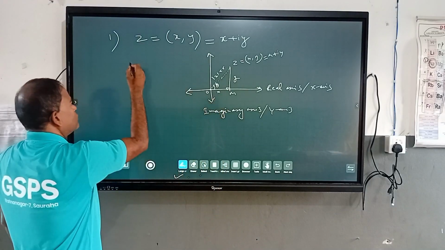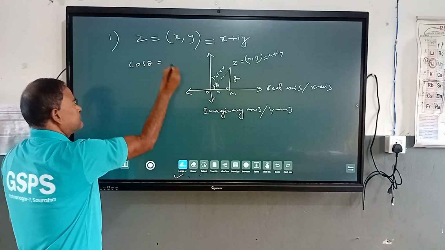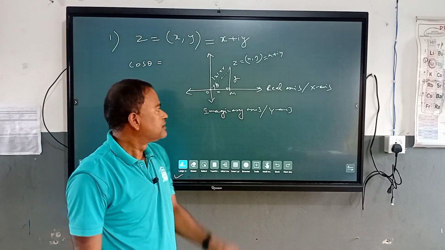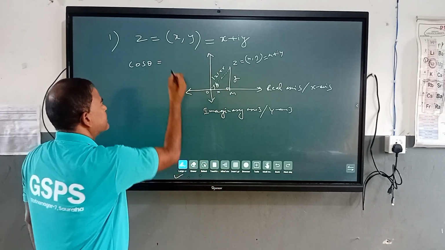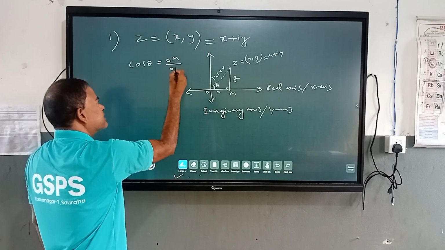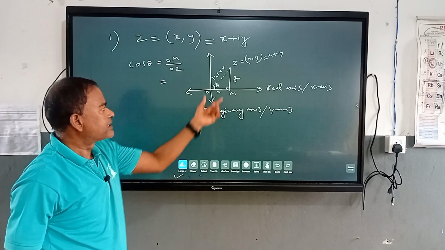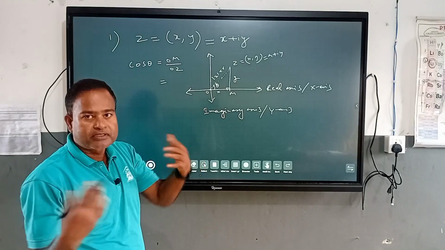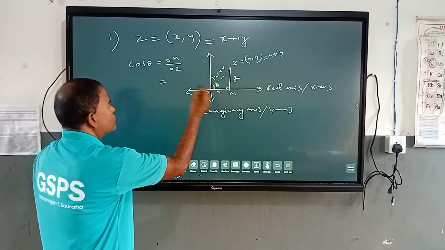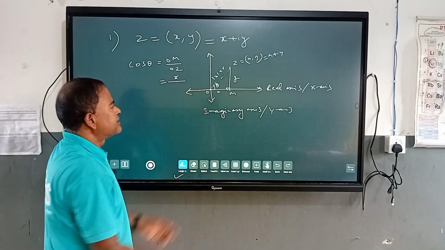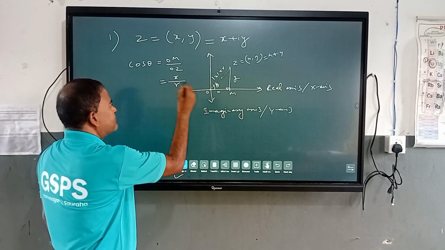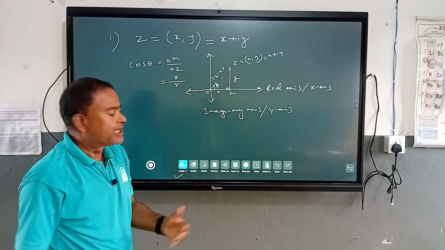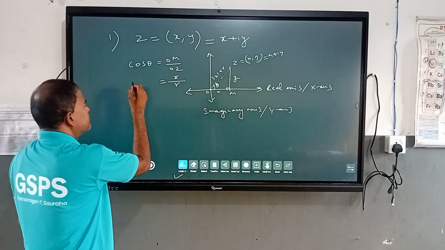So by applying the rule of trigonometry, we get cos theta equals b by h, OM by OZ. So OM equals x, the real part of the given complex number. So OM means x, and OZ, which is the modulus of complex number, we have supposed OZ equals r, which is the modulus of complex number.